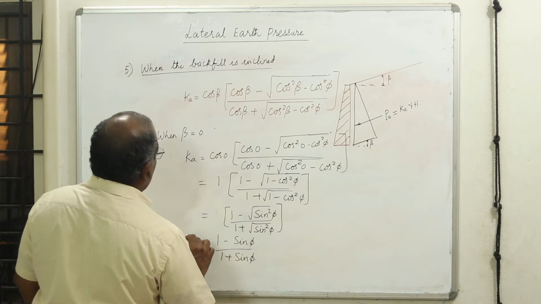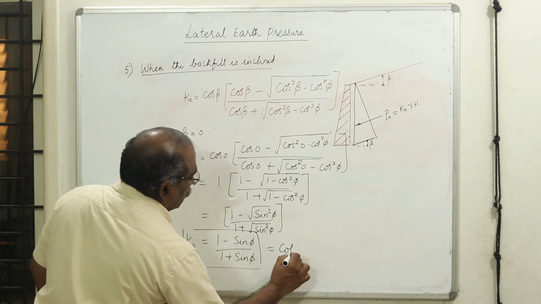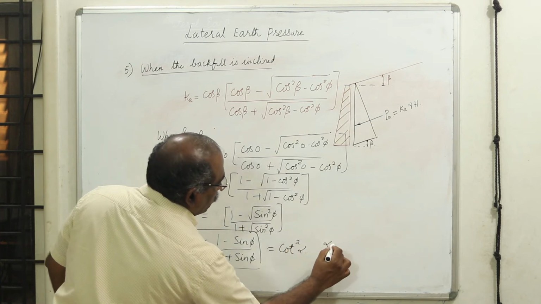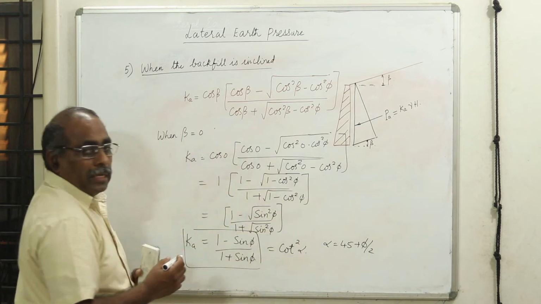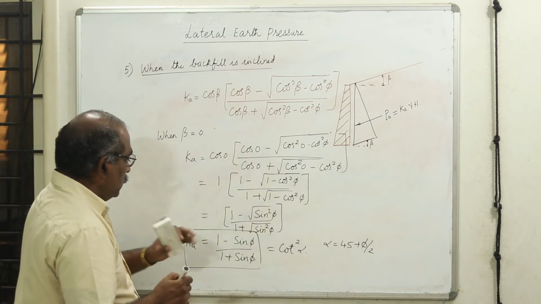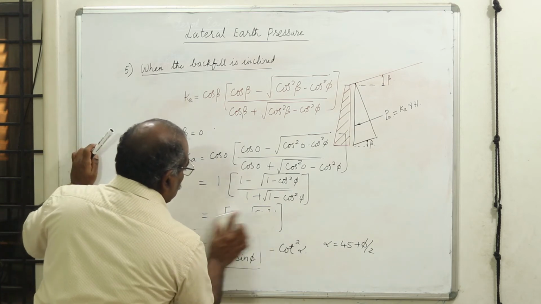See the same expression, nothing but tan square alpha, where alpha is equal to 45 degrees plus phi by 2. This is the same expression which you had already noted down. Therefore, this expression is correct.